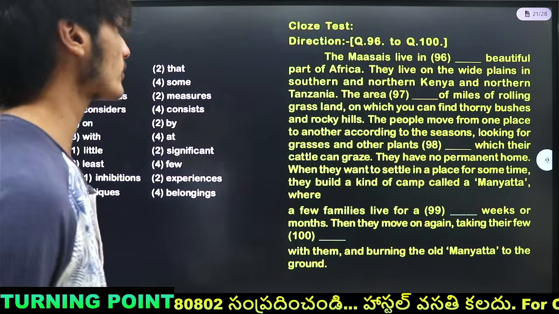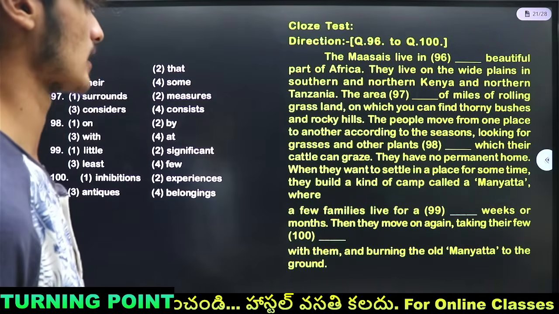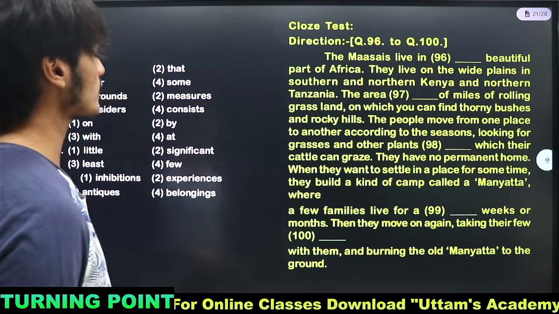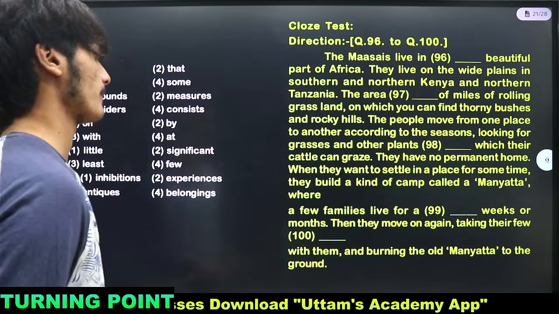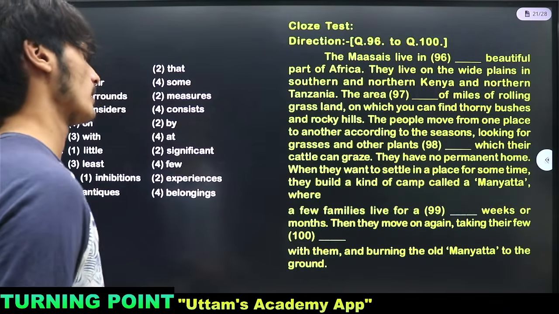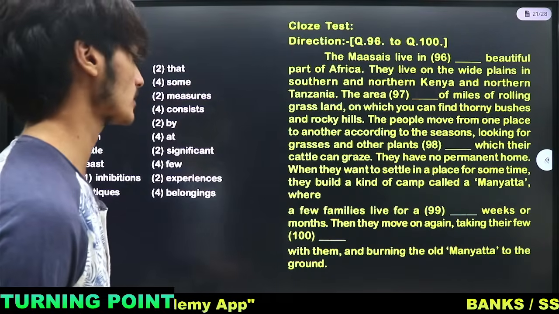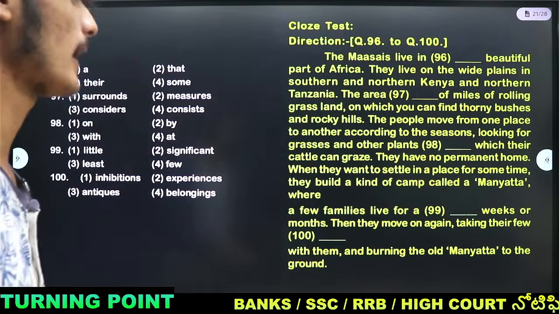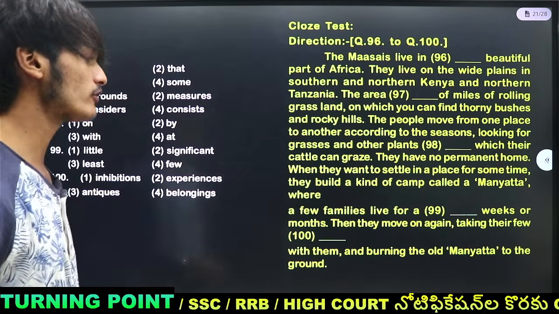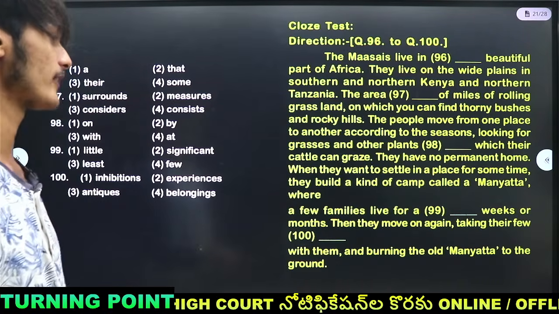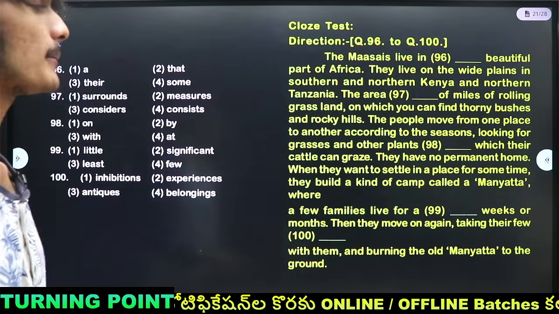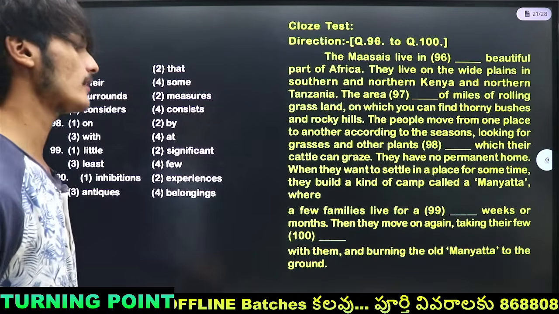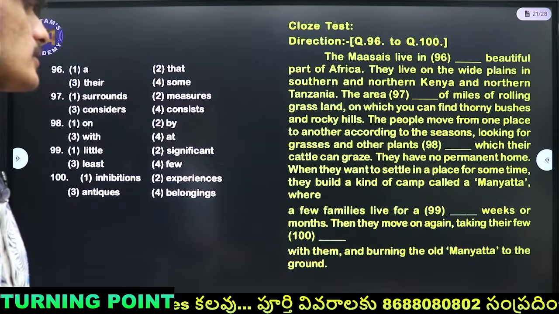The people move from one place to another according to the seasons, looking for grasses and other plants dash which their cattle can graze. They have no permanent home. When they want to settle in a place for some time, they build a kind of camp called a Manietta, where a few families live for a dash weeks or months. Then they move on again, taking their dash with them and burning the old Maniettas to the ground.